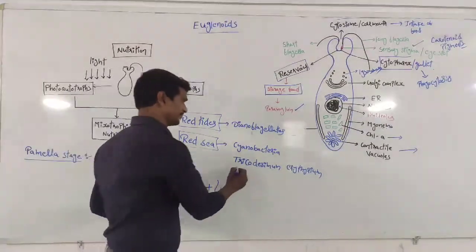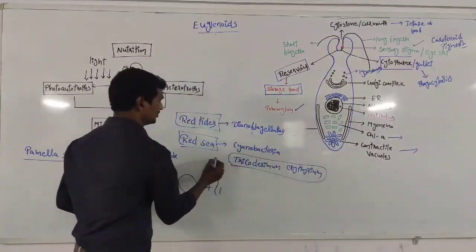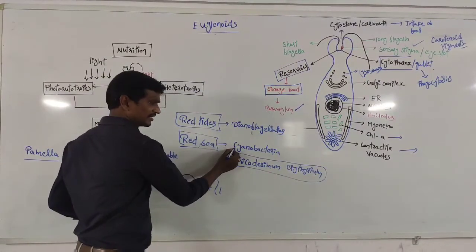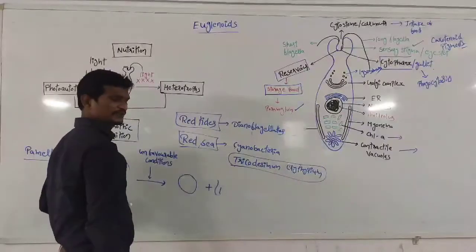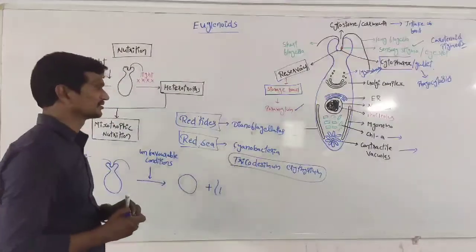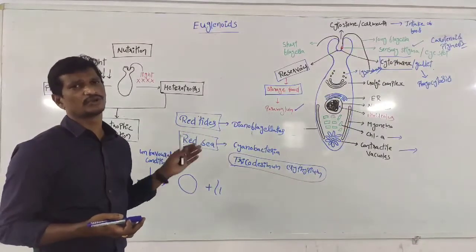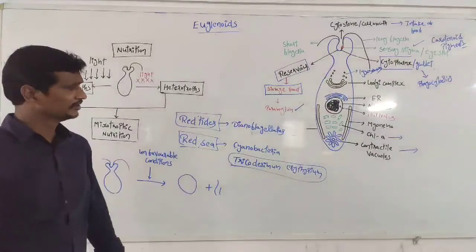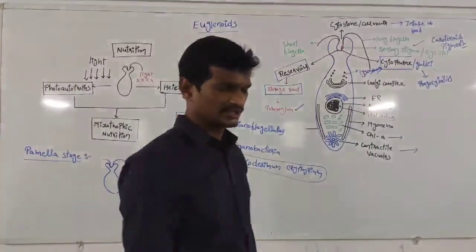This is a bacterium. So red sea is caused by cyanobacteria, the organism being Trichodesmium erythraeum. The red tides are caused by dinoflagellates, the organism being Gonyaulax. Right? This is one of the important points. In the next week we will discuss the next topic.